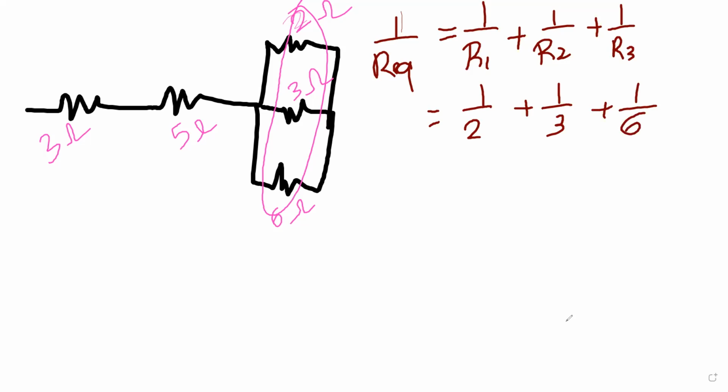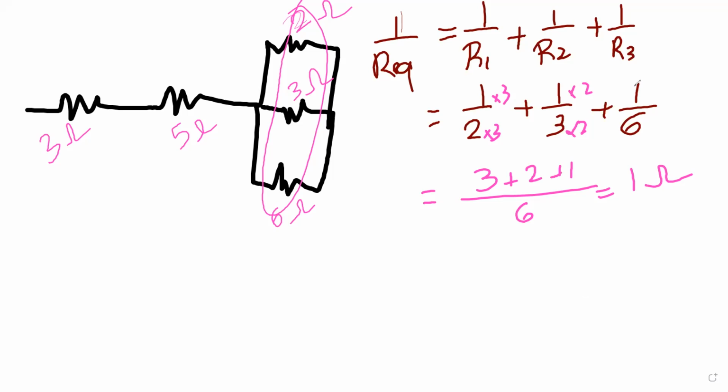You need now to add them. Just multiply here by 3 and by 2, so you have 3 plus 2 plus 1 over 6. We have it as 1 ohm. So since they are connected in parallel, you will combine them in one resistance, which is 1 ohm.